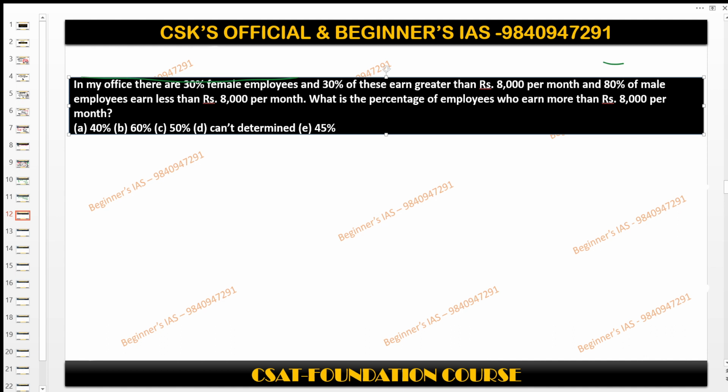Now, understand my question very carefully. If my question is whether it is possible for you to find out how many of the employees earn exactly 8,000 rupees.